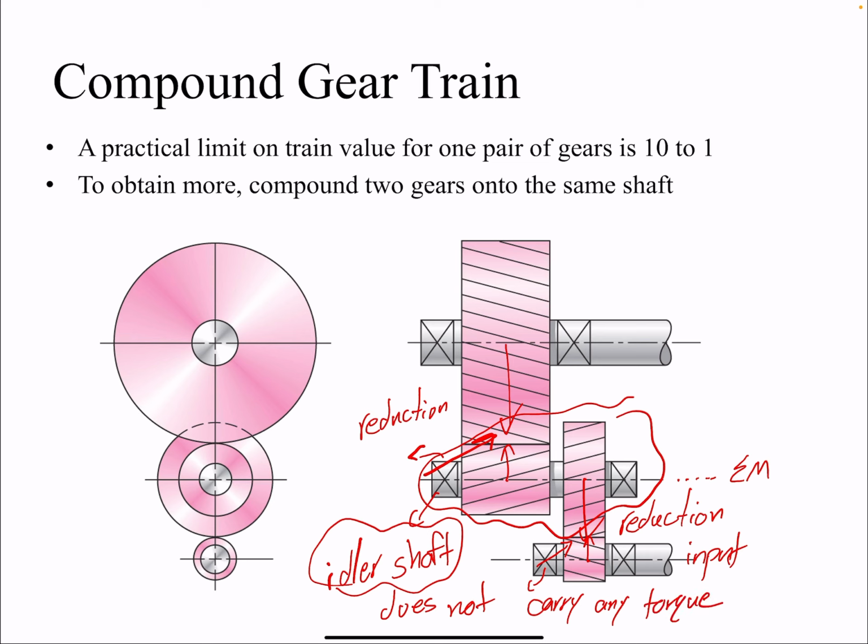Okay, and we use a compound gear train because for gear ratio, each set should not be more than 10 to 1. Again, if you want to do 30, it's better to use 6 here and then 5 here. You're not going to use a small gear in contact with a very, very large gear, right? That's why we use a gear train.